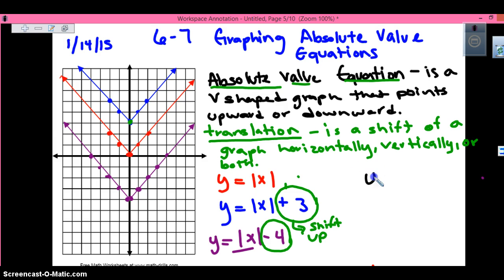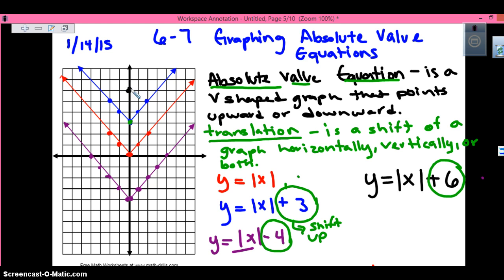If we have to graph y equals the absolute value of x plus 6, this number after the absolute value sign tells me to shift up 6 spaces. So from 0 I would count 1, 2, 3, 4, 5, 6.